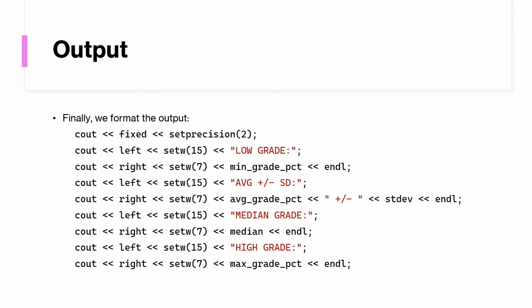So 68%, I believe, of the grades fall between average minus SD and average plus SD. So average plus or minus SD gives you a prediction of where most of your grades are going to lie. We give a median grade, which we just looked up from the sorted list.